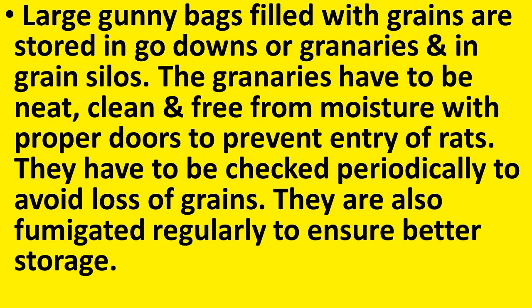What does fumigation mean? Fumigation means spraying of the medicines, that is chemicals which can kill any kind of insects or small animals like rats that enter into the granaries. So fumigation is also done periodically to ensure the better storage of grains.